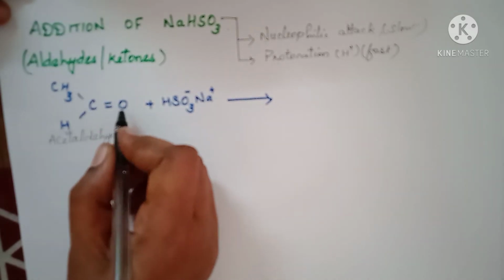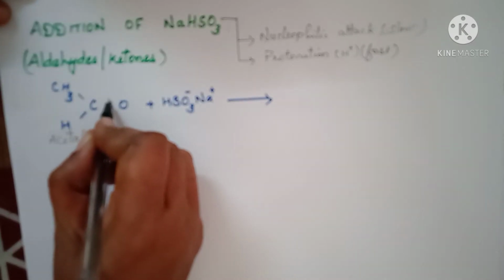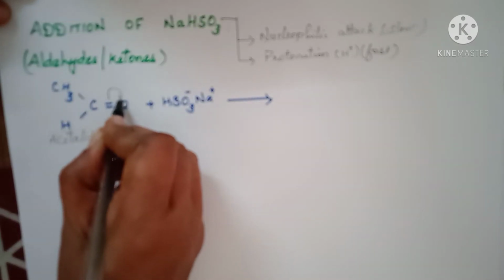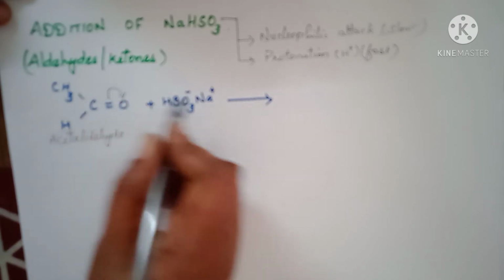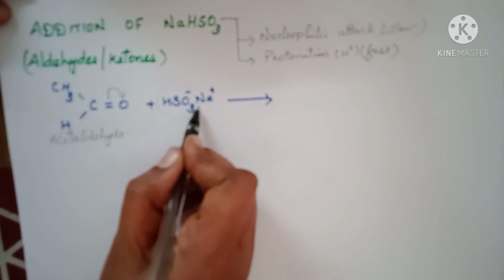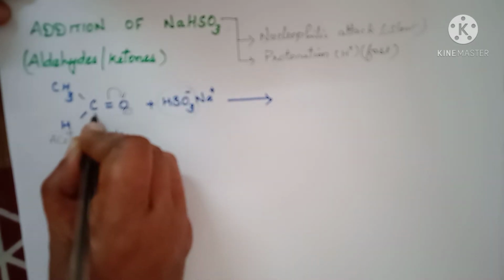Okay, now in the acetaldehyde nucleophilic addition reaction, what happens? The nucleophile is going to attack over there. When it joins, this nucleophile has a negative charge and the carbon has a positive charge.